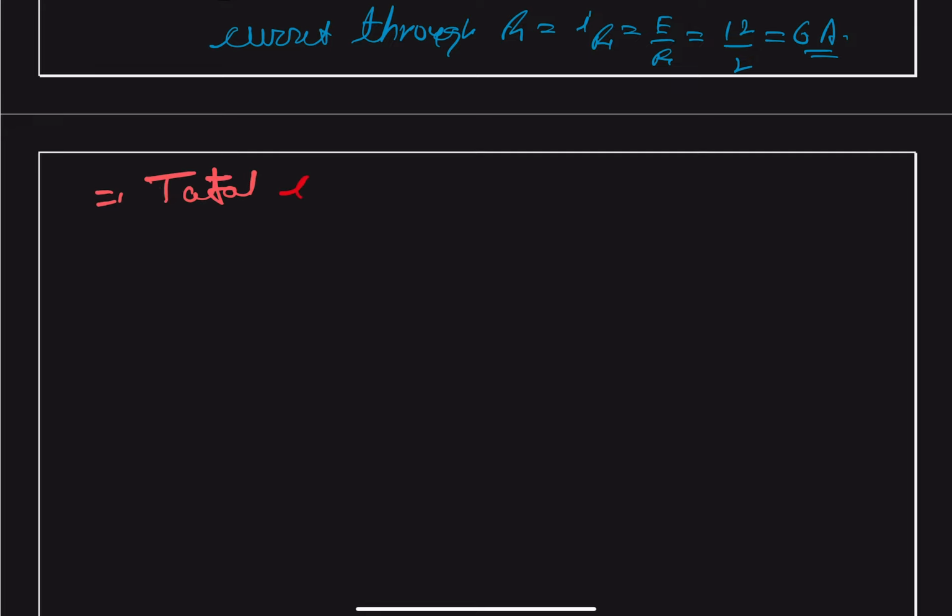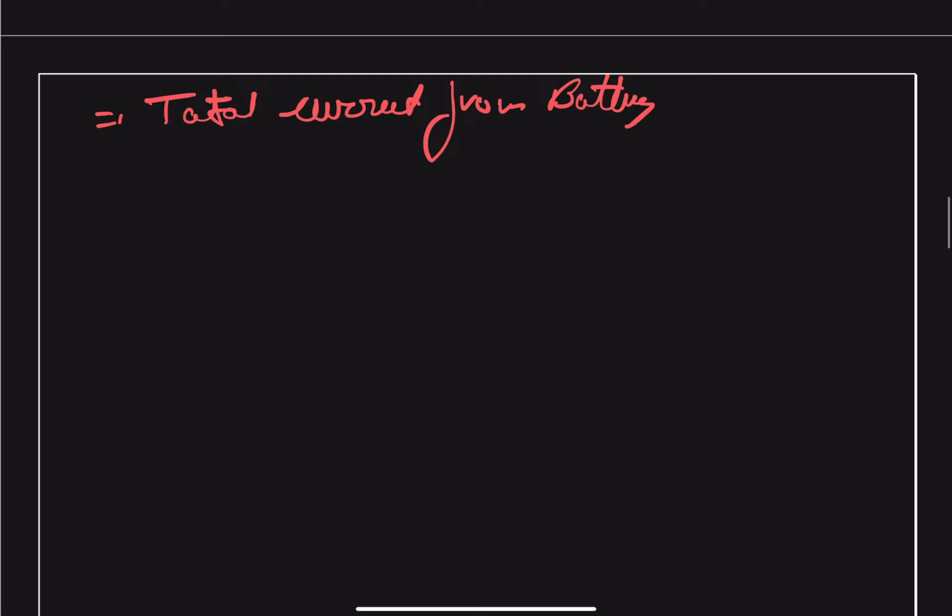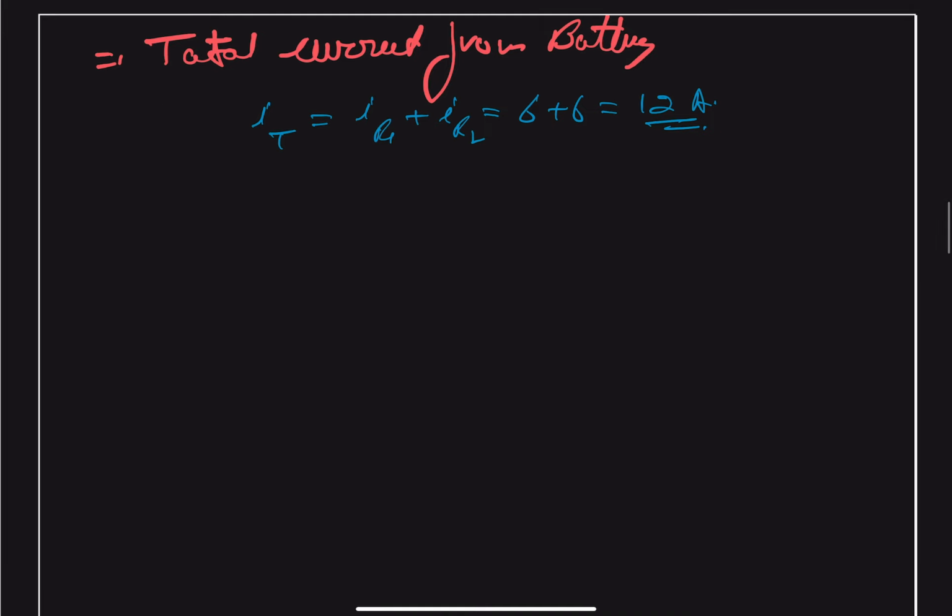I total will be equal to IR1 plus IR2, which is 6 plus 6, giving us 12 amperes. Now the switch is opened.